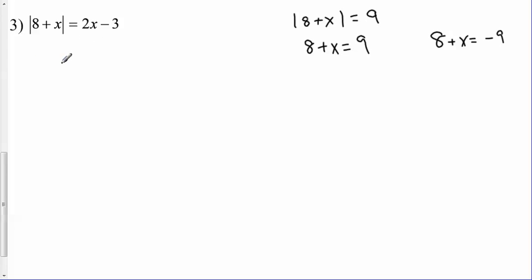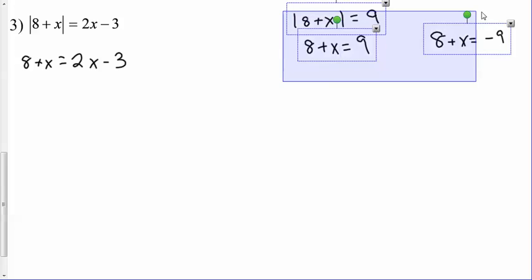So when I split this, I'm going to leave it as 8 plus x, drop the absolute value bars, equals 2x minus 3. That takes care of this one. You just leave it alone. Drop the bars, boom, it's equal to the positive. The next one, though, I have to make equal to the negative of the right side.